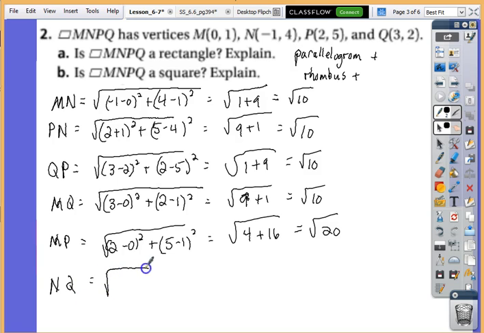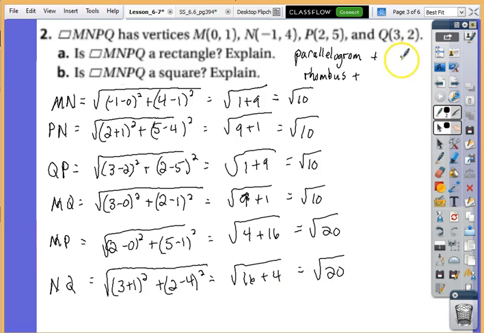And then the other diagonal will be (3 plus 1) squared plus (2 minus 4) squared. So that's equal to the square root of 16 plus 4. So that's the square root of 20. So parallelogram and congruent diagonals mean yes. And a rhombus plus a rectangle means yes. So yes, it's a rectangle. Yes, it's a square.